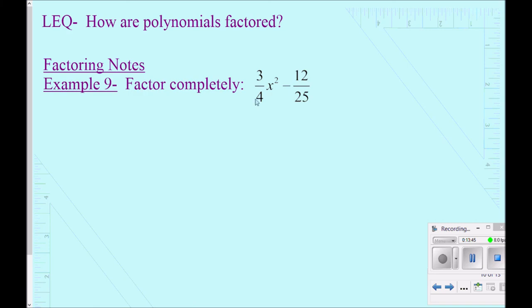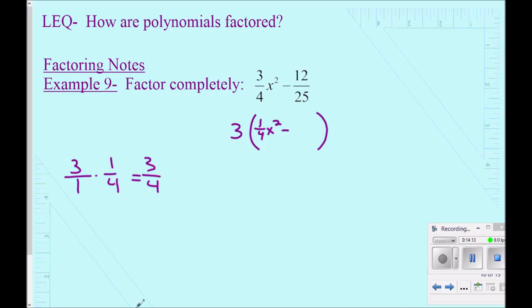So I see between 3 and 12 that 3 is the greatest common factor. So now I have 3, and I can just put that over 1, and I want to multiply it by something to get 3/4. So I know 3 times 1/4 gives me 3/4, which means 1/4 x squared is the first term.